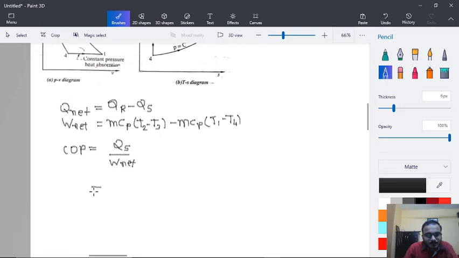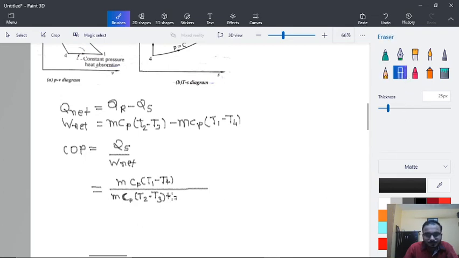So here it will be mCp (T1 minus T4) divided by mCp (T2 minus T3) minus mCp (T1 minus T4).